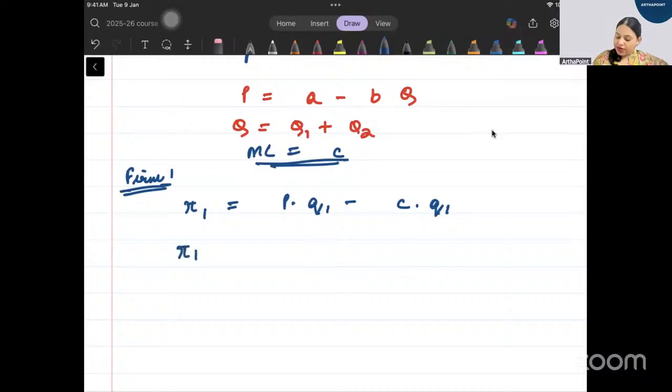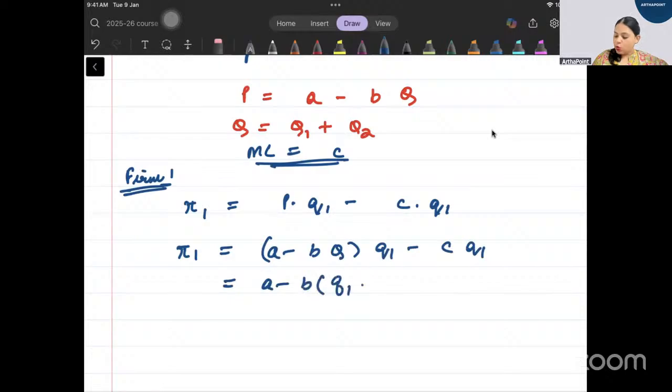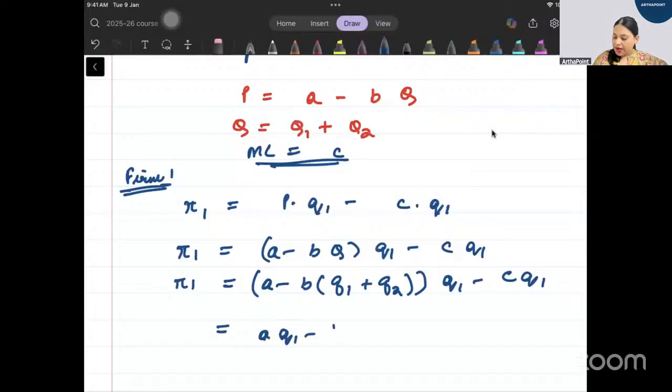So you get A minus B Q1 plus Q2 into Q1 minus C Q1, which is A Q1 minus B Q1 square minus B Q1 Q2 minus C Q1.